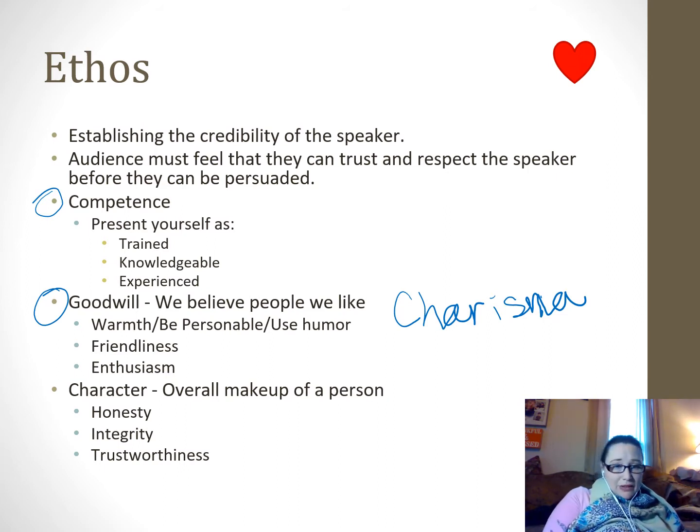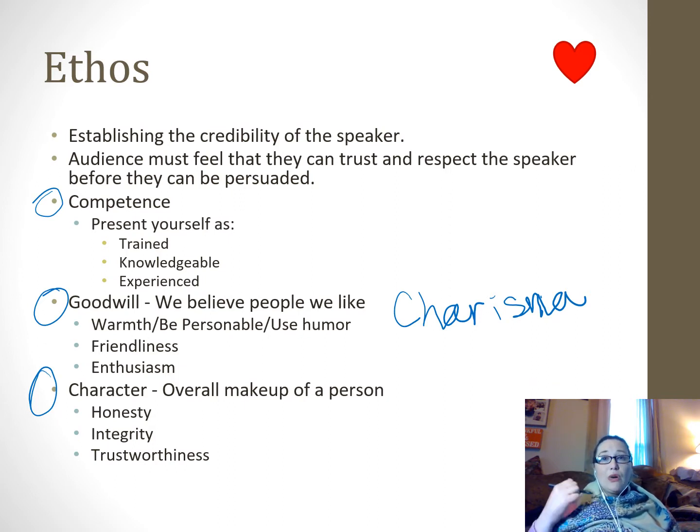And then finally, our third element is character. This is just your overall makeup, that you are a trustworthy person, that you proceed with integrity and honesty. This is why you need to incorporate your citations, so it doesn't look like you're passing off other people's information as your own, but also so that your audience knows that the sources you are using are ones that have integrity.